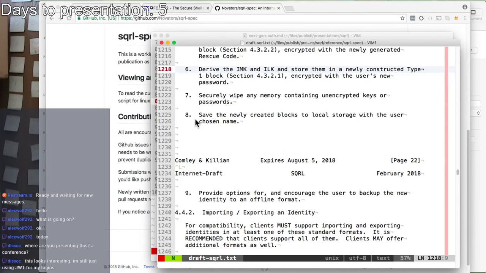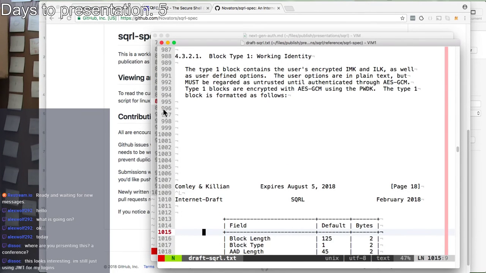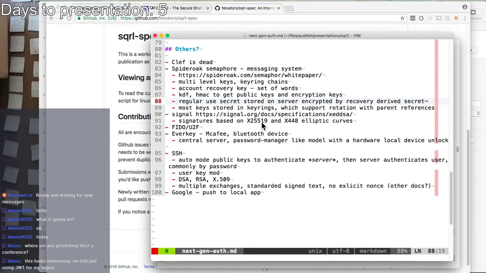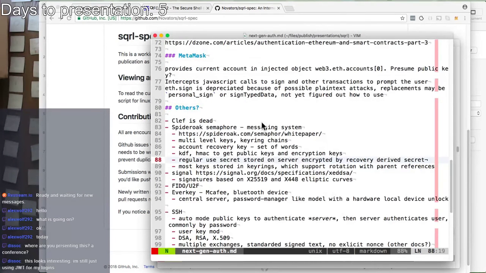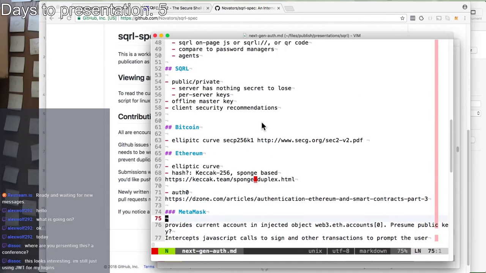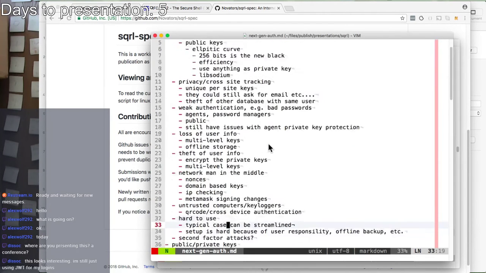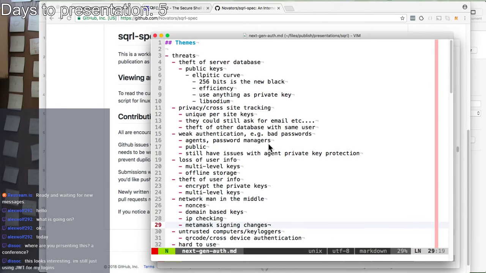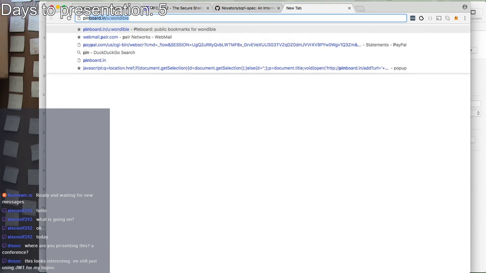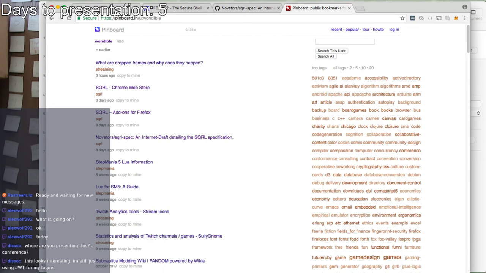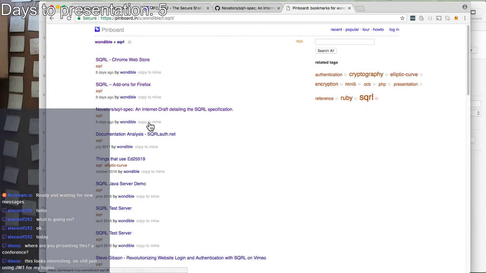I don't have any references on that yet, do I? Did I get anything in here? Elliptic curve, that's Bitcoin's curve. I don't have any specific references. Anything here?